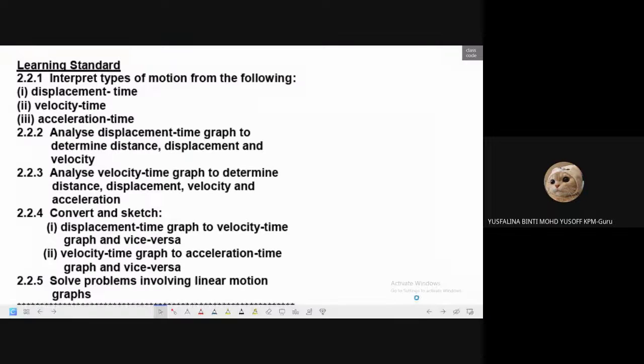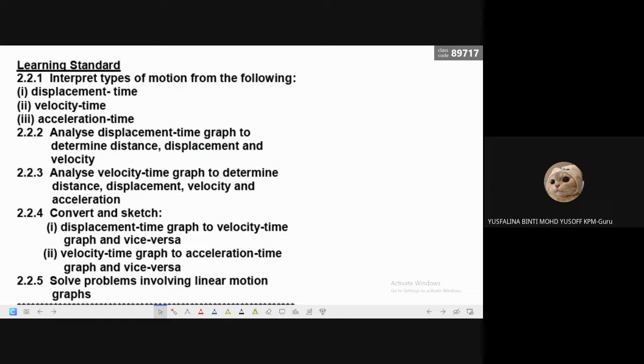For today, what we're going to learn is to interpret the type of motion from the following. For physics, there are two types of graph. The first one is displacement time, and the second one is velocity time. And another one, acceleration time, comes from the velocity against time graph, so that you can develop a new graph, acceleration against time.